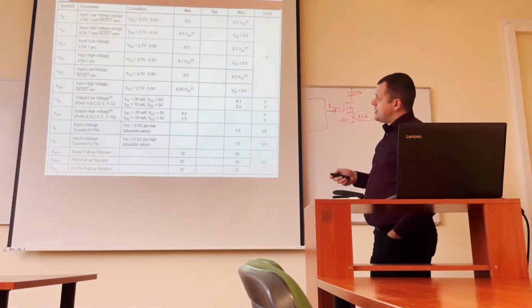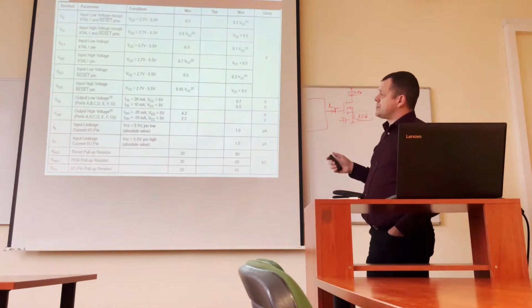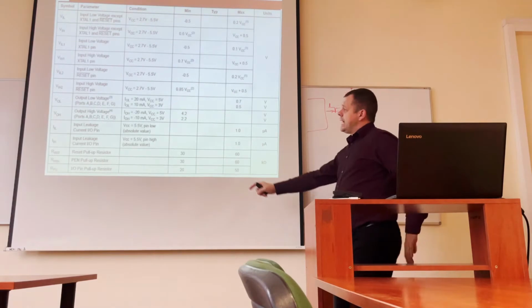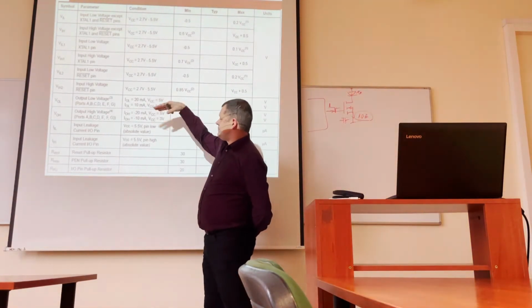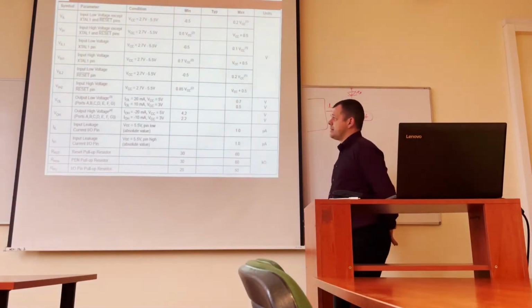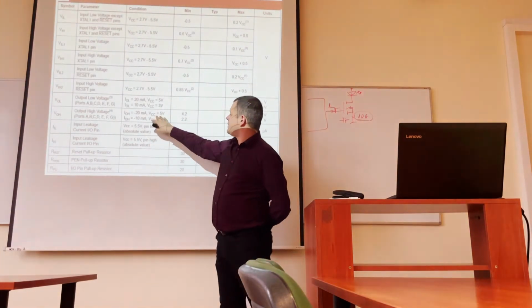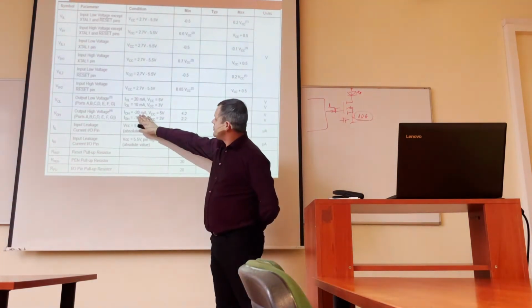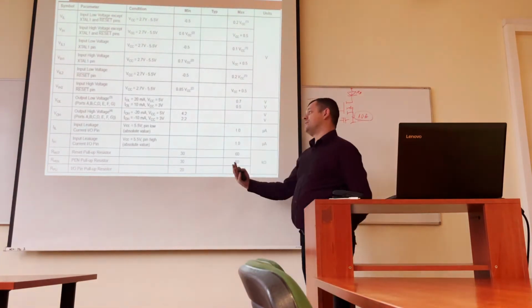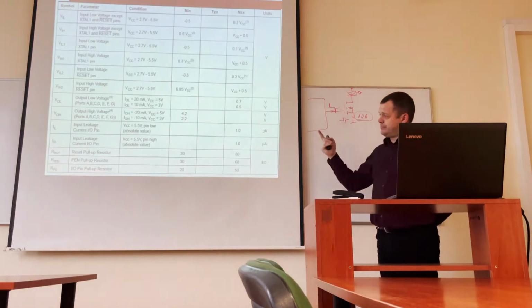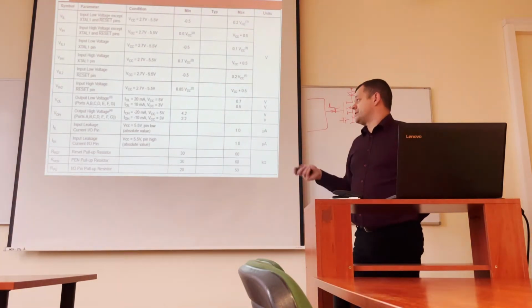Then we always have the values that we can expect at the output, and here we can see the load. Each microcontroller, of course, has it a bit differently. Here we can read that, for example, if you supply it from 5 volts, you can try to drain 20 milliamps out of this microcontroller, which means that you can use a stronger LED, for example.